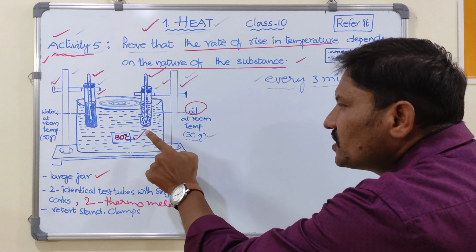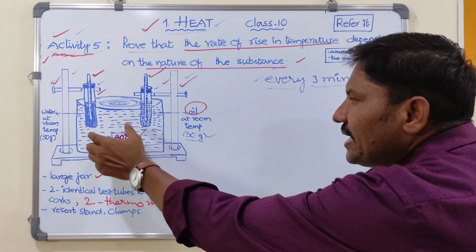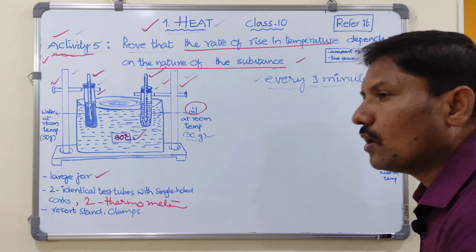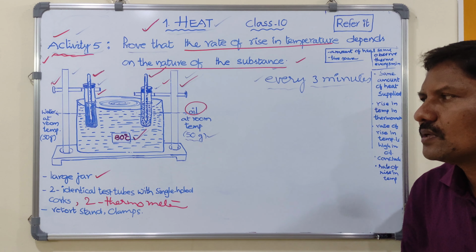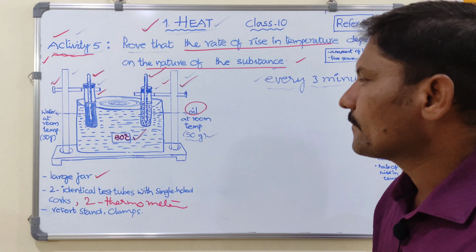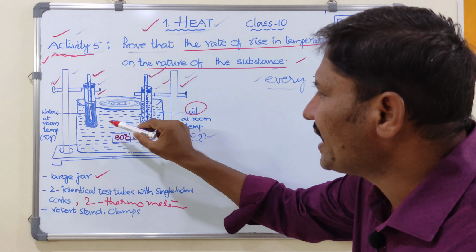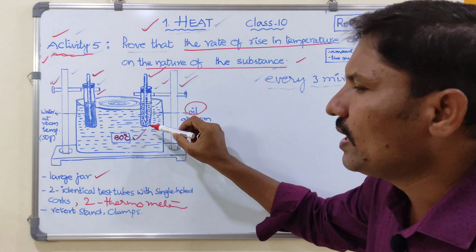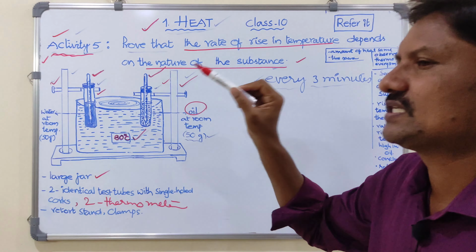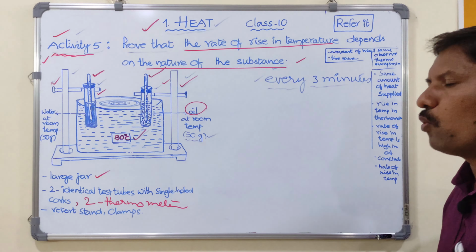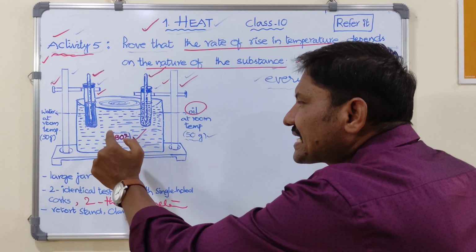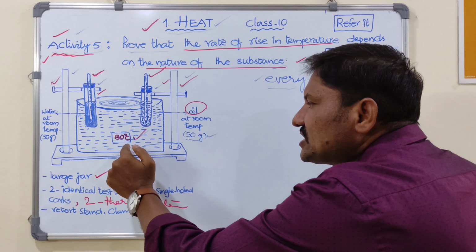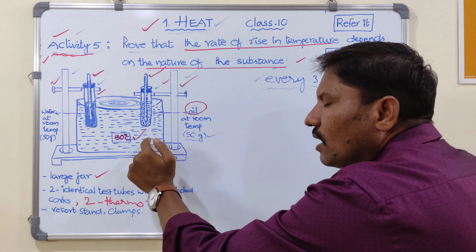When you kept these 2 test tubes in the hot water, what will generally happen? Generally, these two boiling test tubes will become hot for some time. Why? These two test tubes are kept in 80 degrees of hot water.